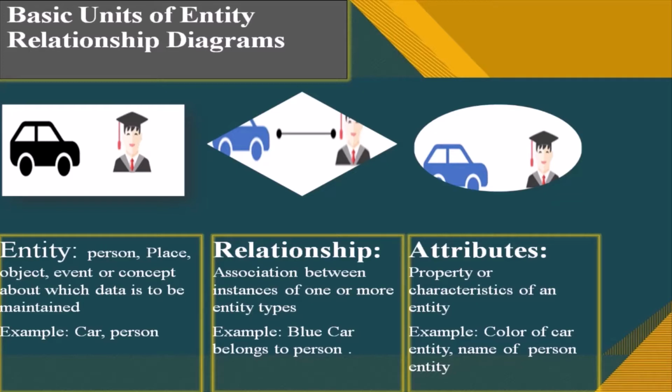Relationship, the association between the instances of one or more entity types, is shown here by a diamond box. This diamond box shows that the blue car belongs to a person, and the oval shape represents the attributes, the properties or characteristics of an entity, for example, color of the car entity and name of the person entity.